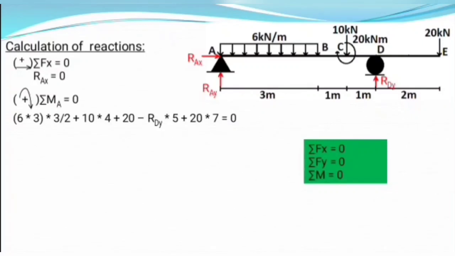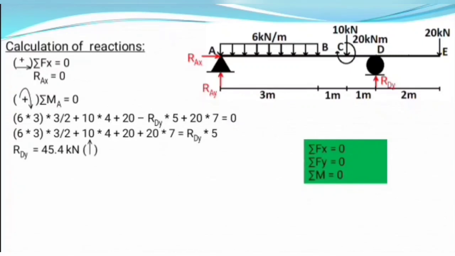And finally, we have the last term 20 times 7, which is just moment due to this point force 20 kN about point A. It is also taken as positive because it gives clockwise rotation, clockwise moment about point A. So on solving this equation, we obtain the value of RDY equals 45.4 kilonewton, which acts in upward direction.